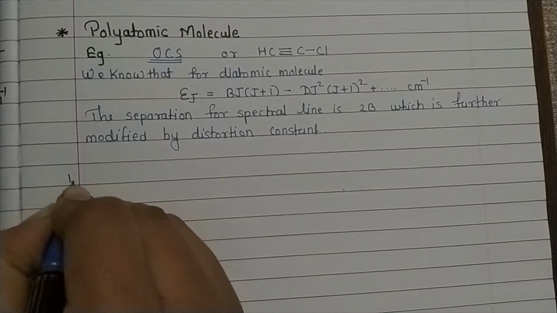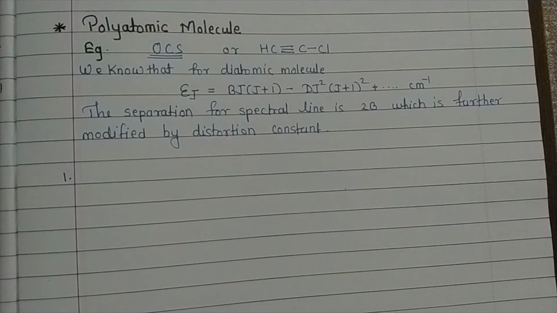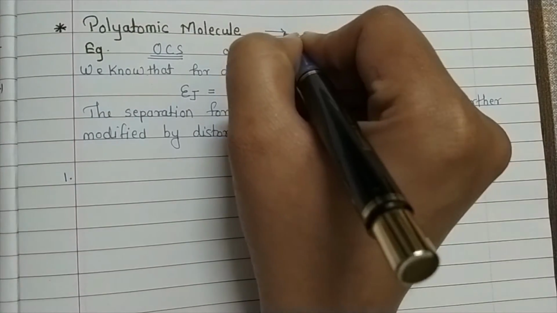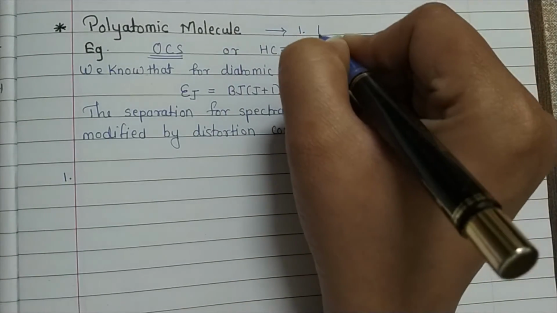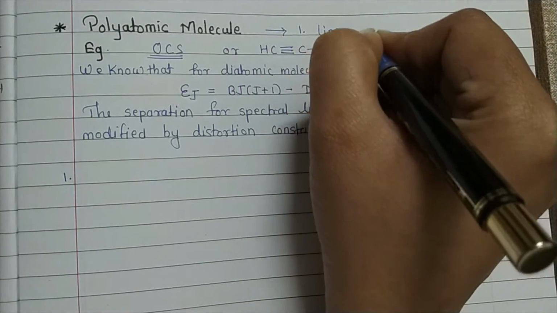So the first point is that the moment of inertia of end over end rotation of polyatomic linear molecule is greater than the diatomic molecule. So for that, first we are studying the linear molecule.